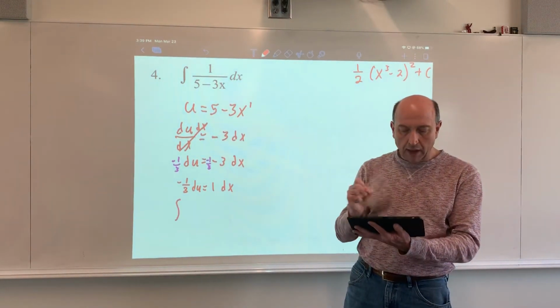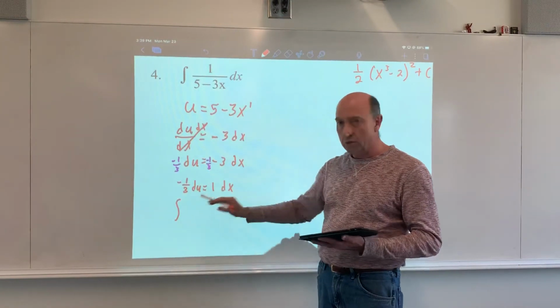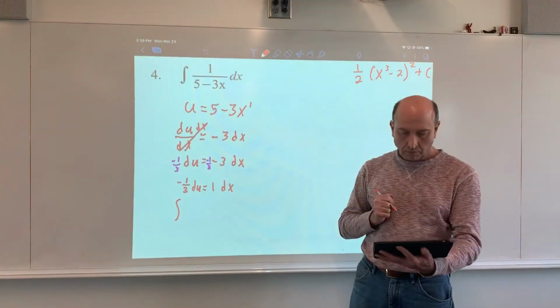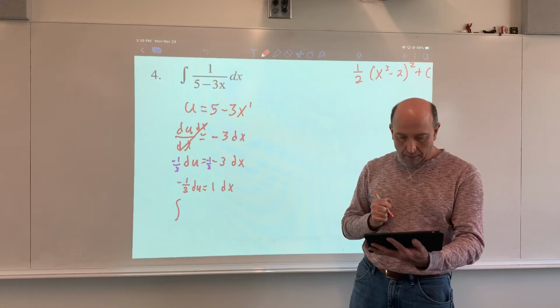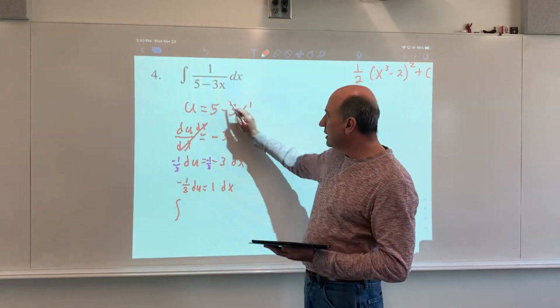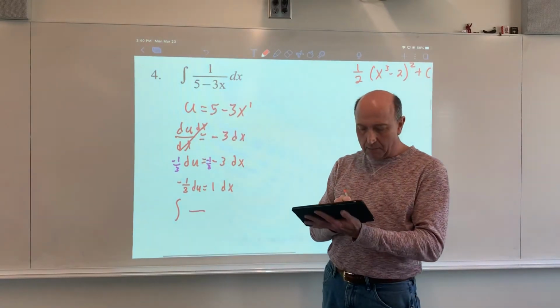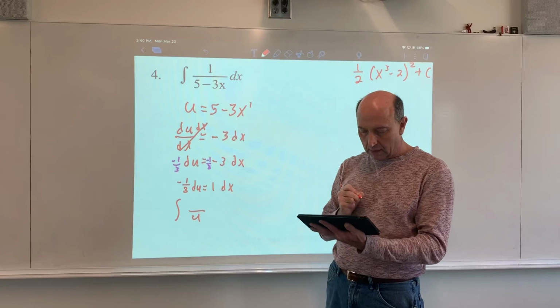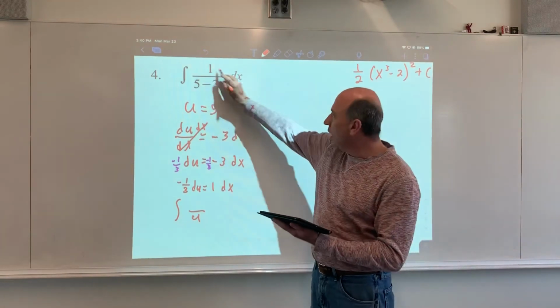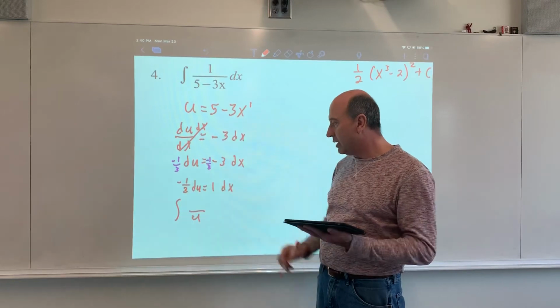And we wanted 1 dx, so let's try it. By let's try it, I mean we're going to try writing the problem with u's. I think we're ready. Okay, so write the u first. 5 minus 3x is u. So there's a u right there on the bottom. Now, what's 1 dx the same as? 1 dx is the same as negative 1/3 du.